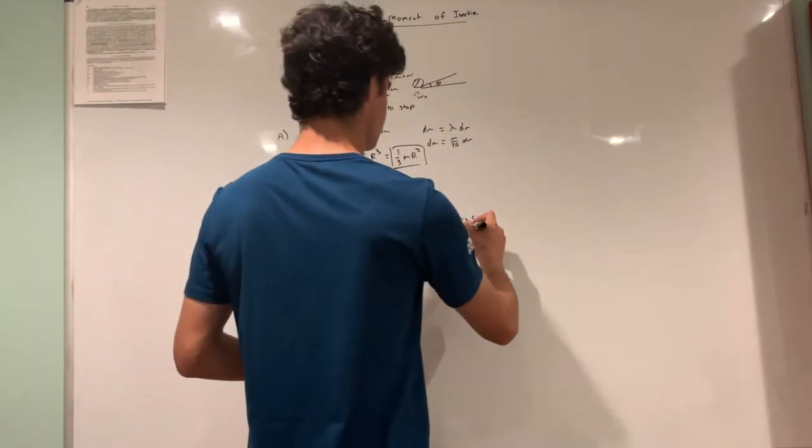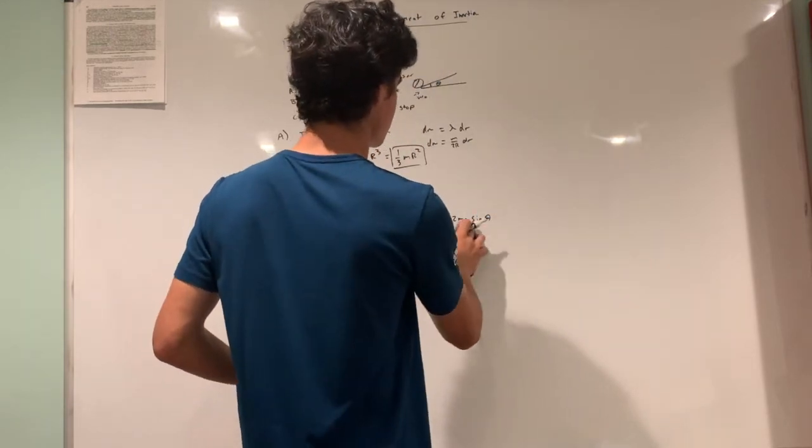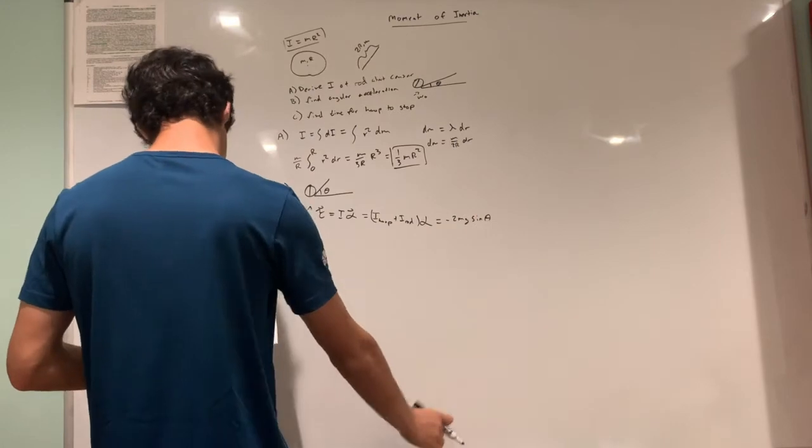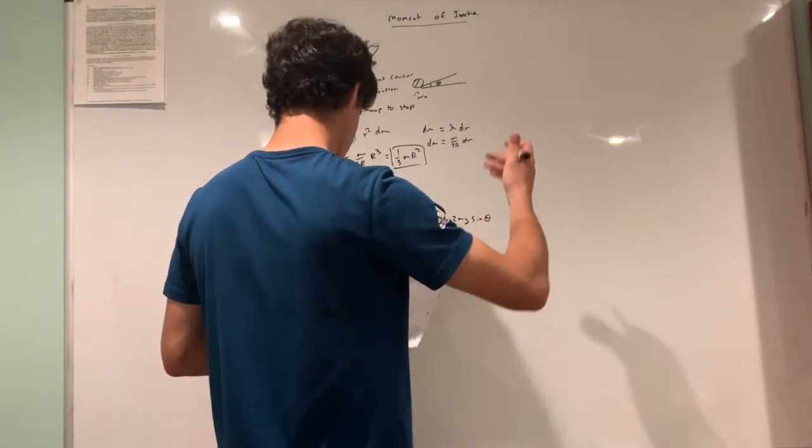That's the 2mg. It would be the gravitational force, and sine theta would be the direction of our slope.